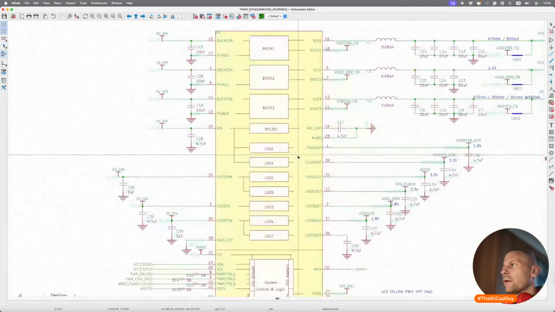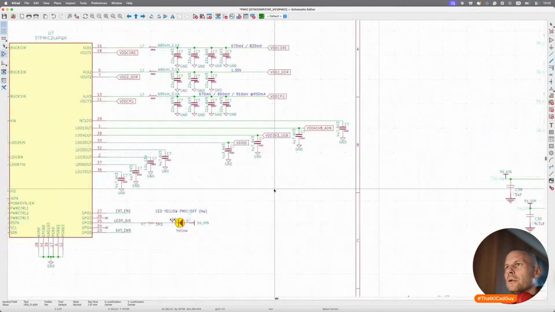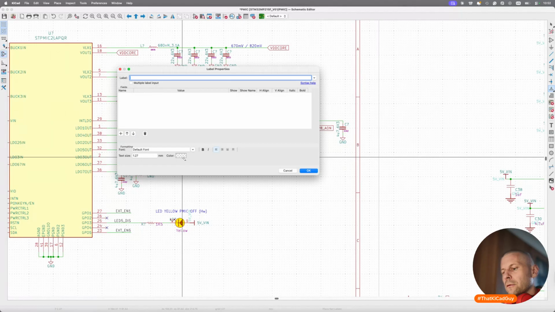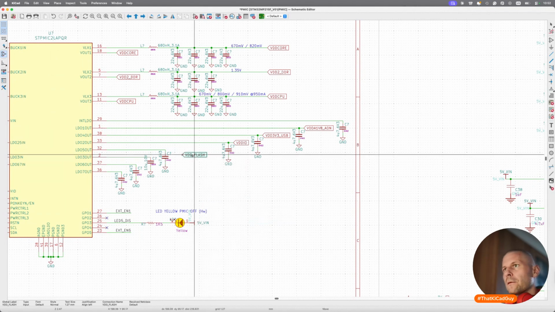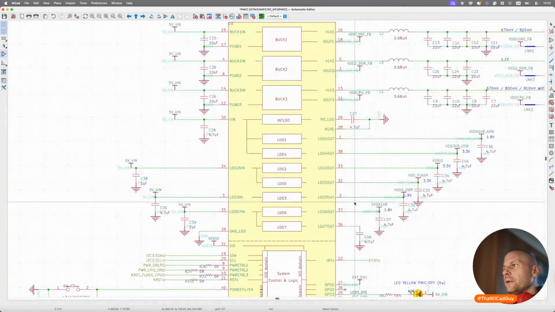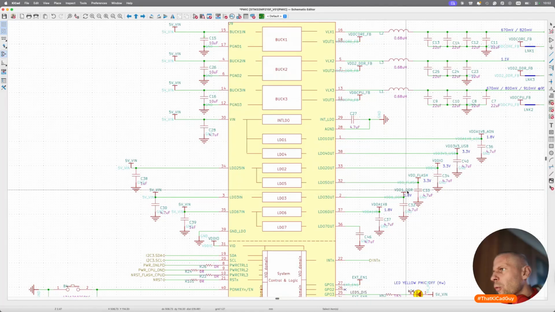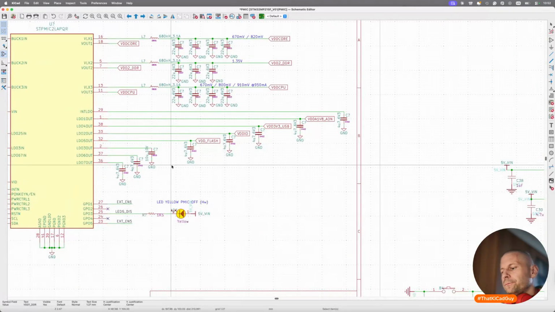Yes, LDO5 is VDD flash. LDO3 is DDR1, our famous DDR1.